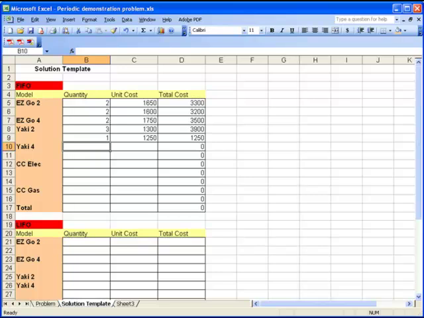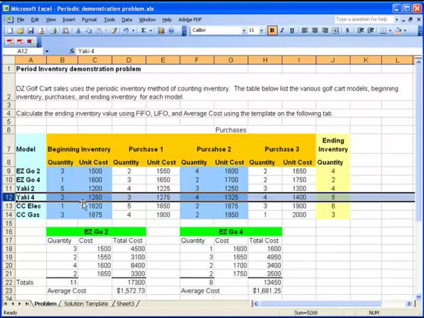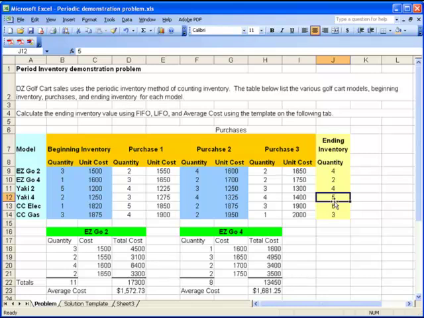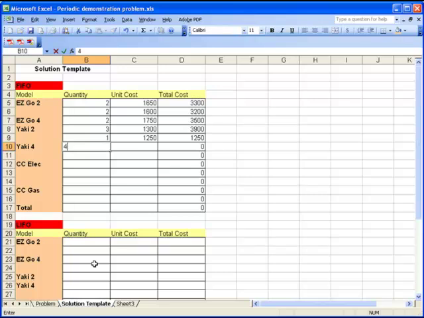Next, our Yaki 4 model. We started with 2, bought 3, bought 4 more, bought 4 more, and our inventory is made up of 5 units. The first ones we bought have been sold, so our inventory consists of 4 at $1,400 and 1 at $1,325. Then our next model is the CC Electric.